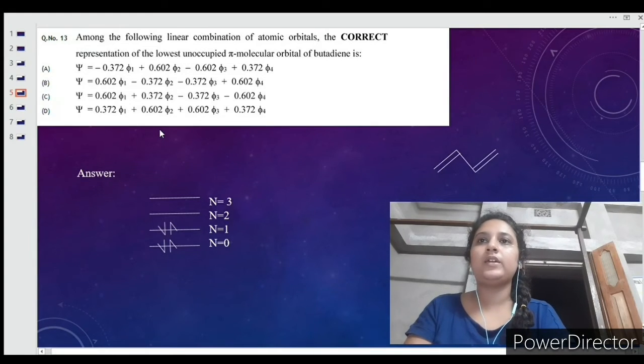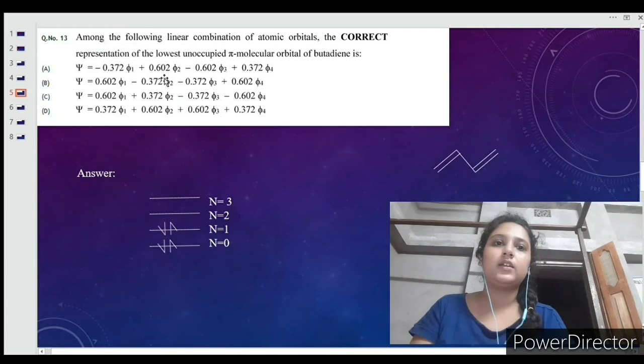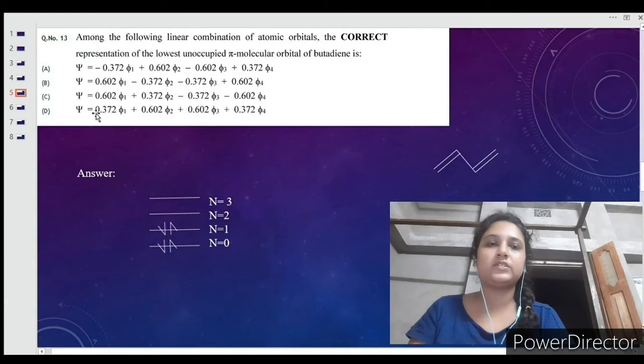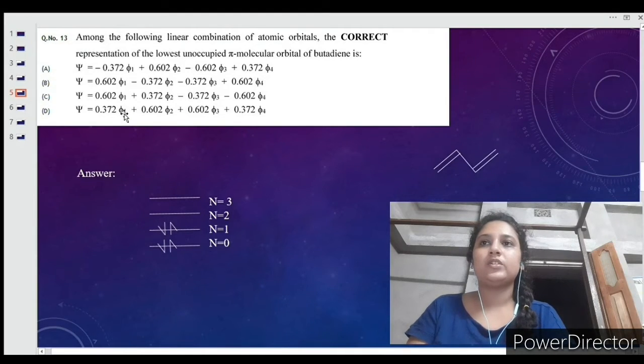So from here we have to see the number of nodes just by seeing the representation of the molecular orbital, that is, by seeing the sign of the contribution of each atomic orbital. For option D, the sign of the contribution of the phi 1 atomic orbital is plus, then for phi 2 again plus, for phi 3 again plus, and for phi 4 again plus.